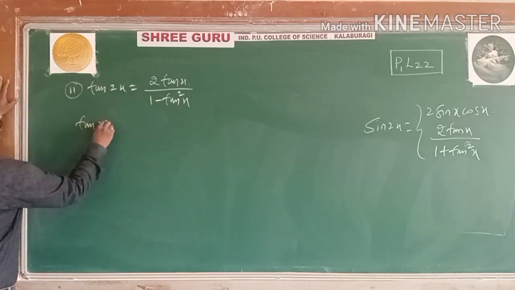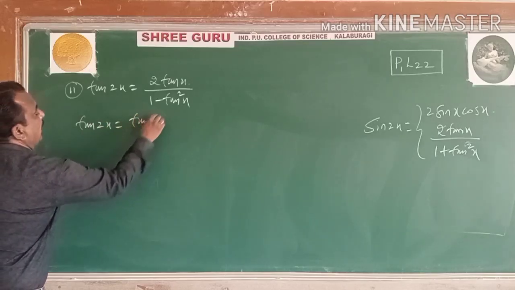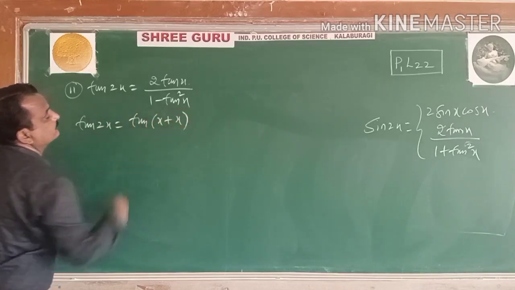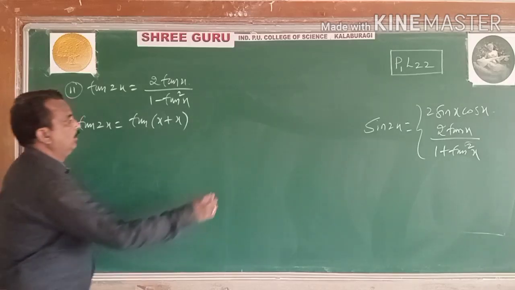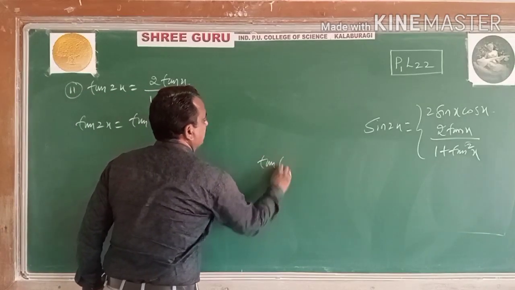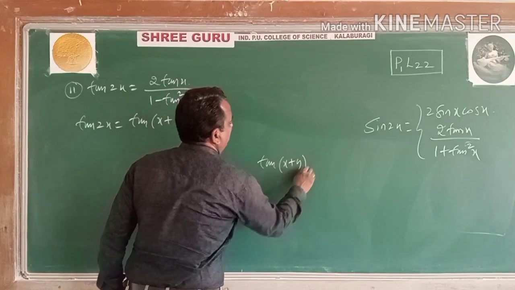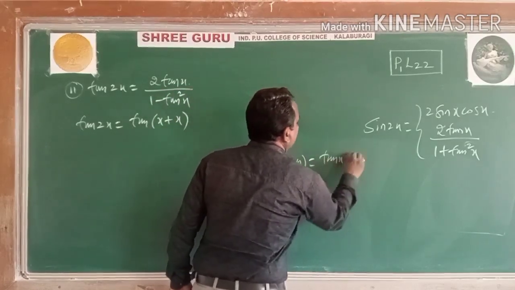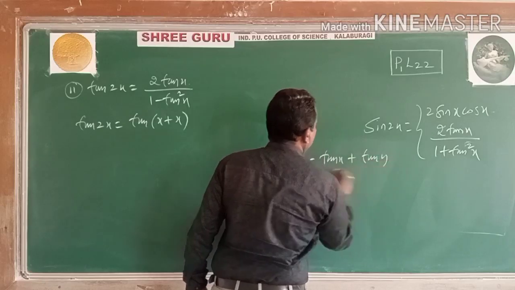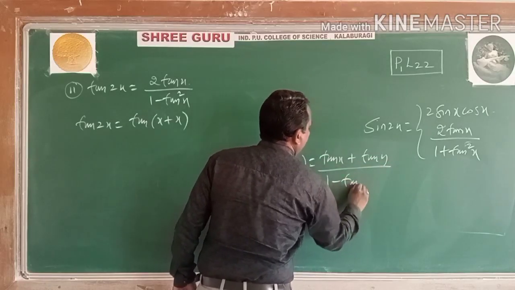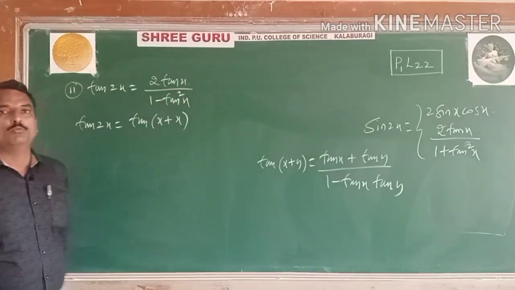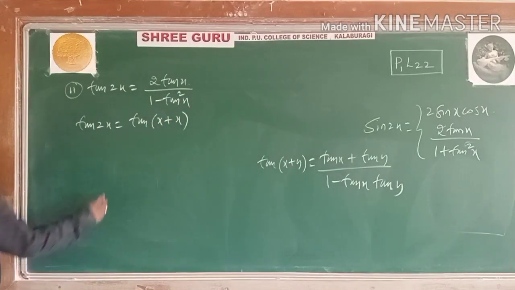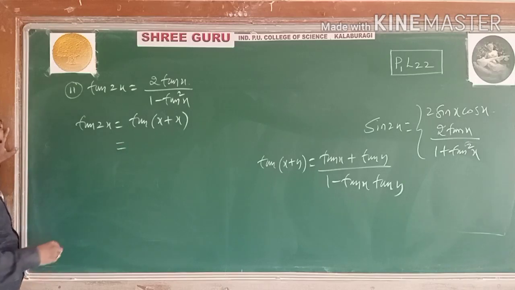Now let us see. Tan 2x equals tan of x plus x. You know the tan x plus y formula: tan x plus tan y divided by 1 minus tan x into tan y. So this is tan of x plus x.